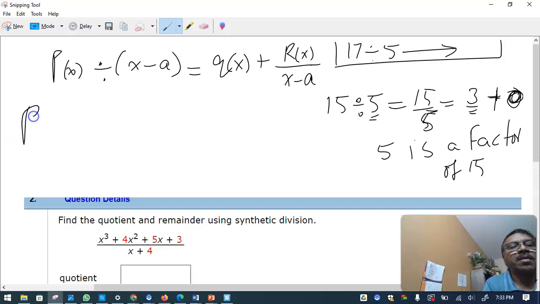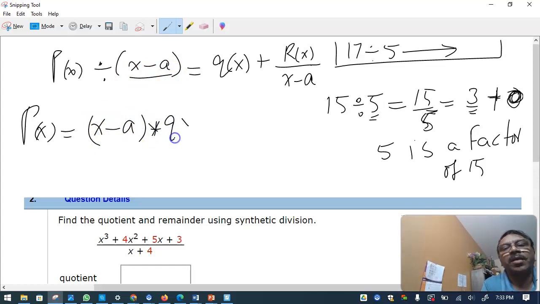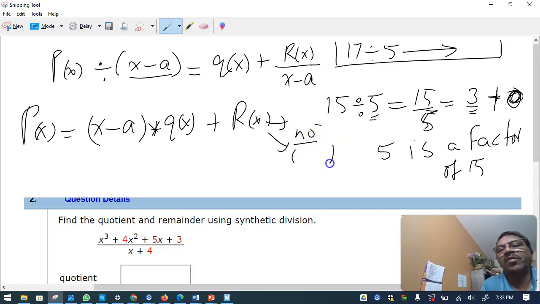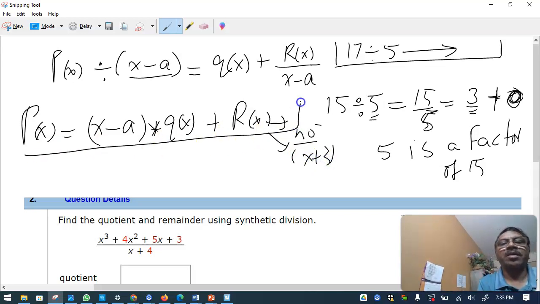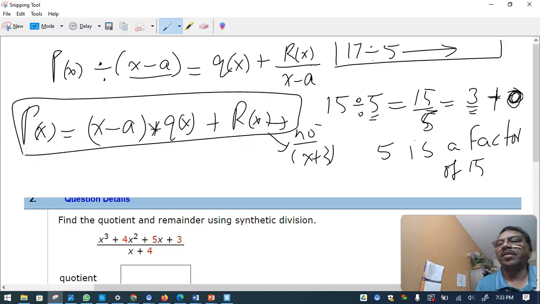Or you can also write any polynomial p of x as the divisor x minus a times the quotient q of x plus the remainder. Sometimes the remainder doesn't have to be a number. It could also be an expression, something like x plus 3, as we will see later. That's what we are trying to write down. In the next question, we are going to use this idea.